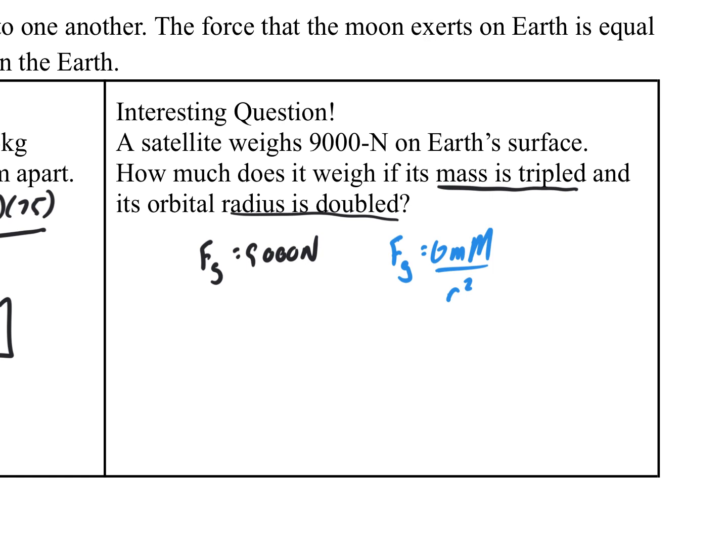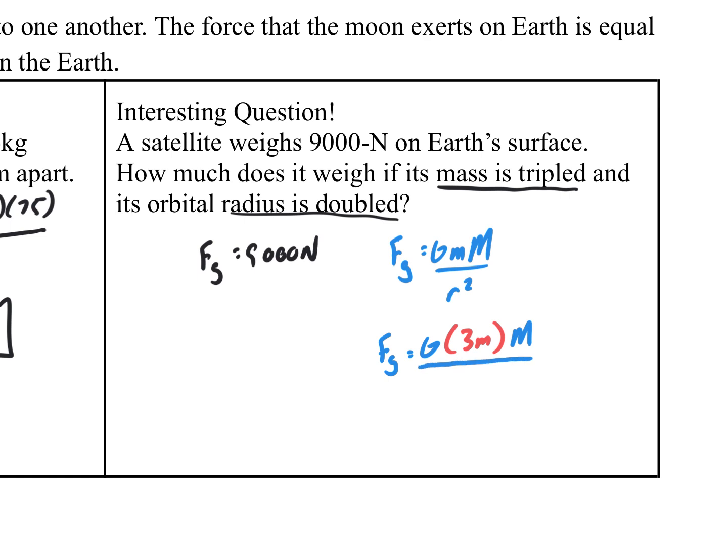And then the little mass would be the thing circling the gravity-producing thing, like a satellite or something like that, okay? What it's telling me, though, is that we're going to triple its mass. So I have Fg, that big G stays the same. But what I'm doing is I'm getting my little m, and I'm tripling that. The mass of the Earth remains the same.